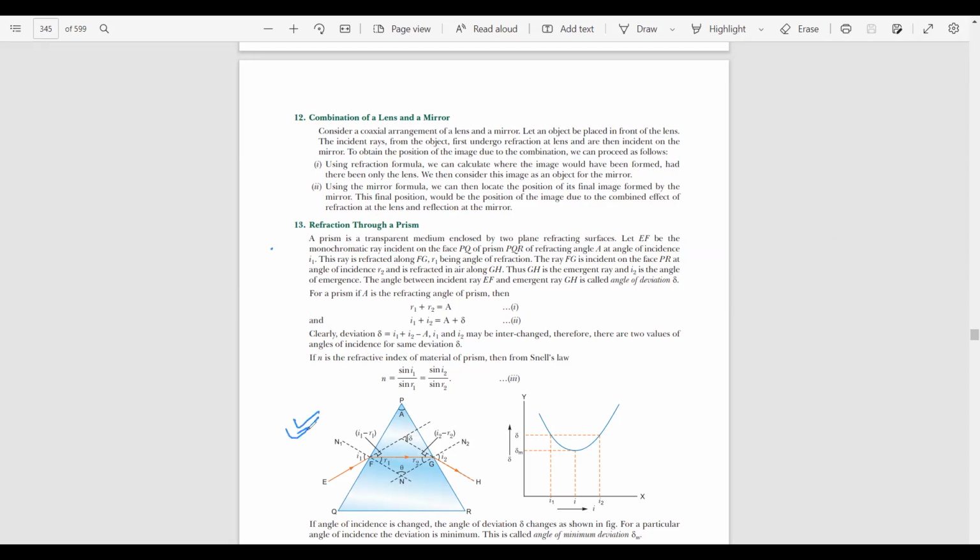In a prism, it's very easy, this one also. The same thing is happening, a change of media: rarer to denser, denser to rarer.